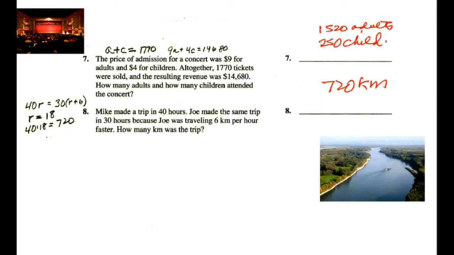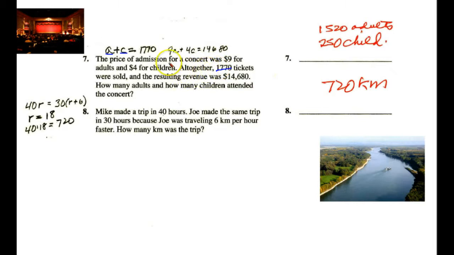So the first thing we're going to do is to pick out a letter that will stand for what we're doing. And how about A for adult tickets, C for children's tickets? This is the number of adult tickets, number of children's tickets, and together they were 1,770.